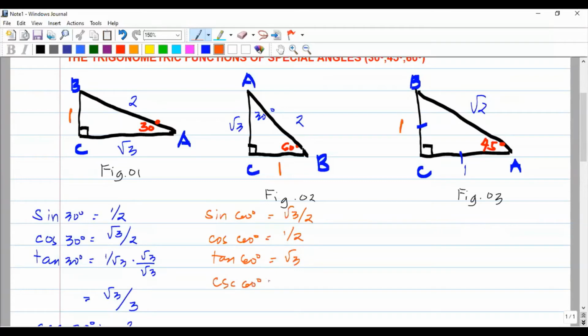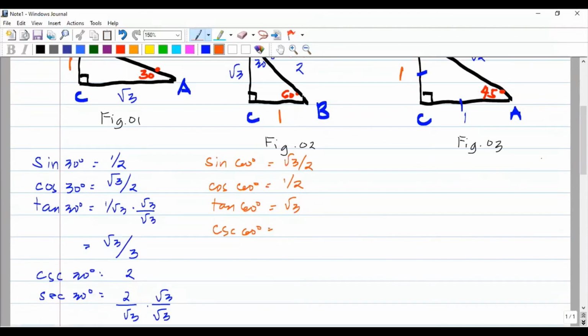Cosecant 60 degrees is just the inverse of our sine function. So we have hypotenuse over opposite, and that is 2 square root of 3 over 3. Secant 60 degrees would be the inverse of cosine 60, that is 2 over 1 or 2.